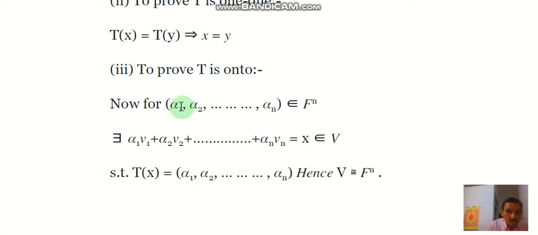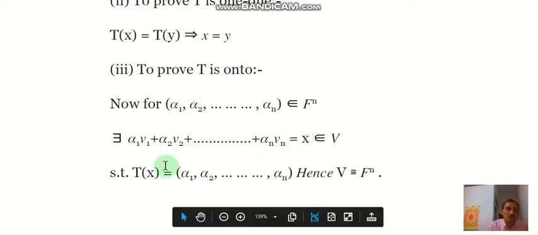Now we take any element (alpha 1, alpha 2, ..., alpha n) belonging to Fn, then we can have the vector alpha 1 v1 plus alpha 2 v2 plus ... plus alpha n vn equal to x belonging to V, such that T(x) equals (alpha 1, alpha 2, ..., alpha n).